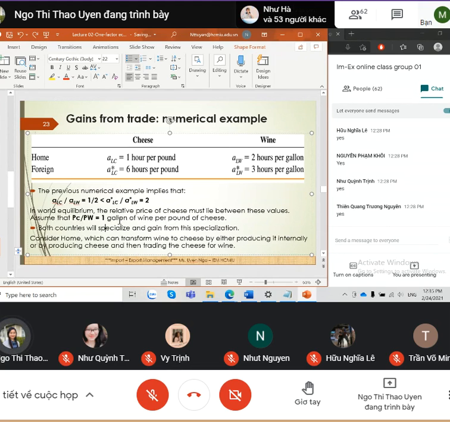So in this case, both countries, because the relative price lies in between these 2 points, will completely specialize and trade with each other. So think of the gain from trade. Home can get wine.